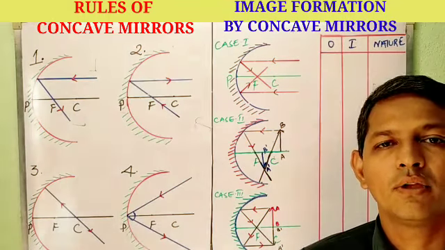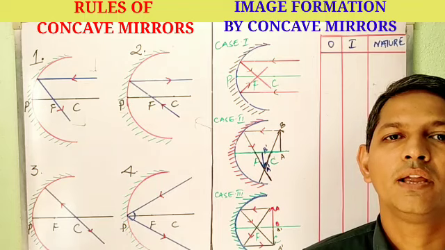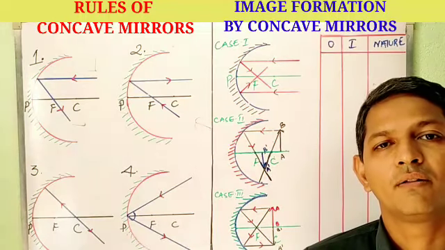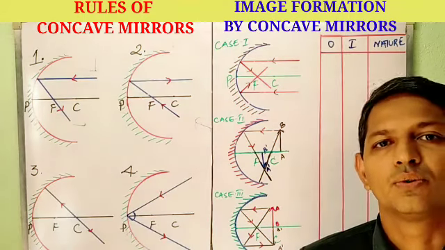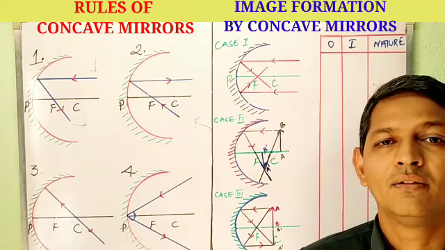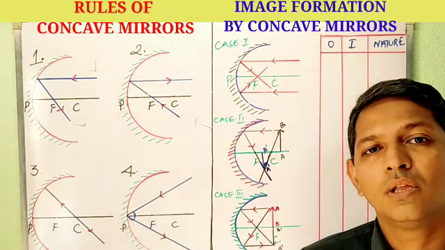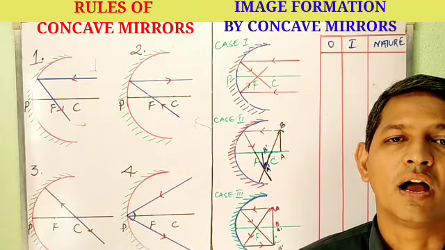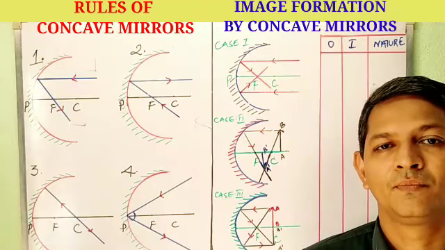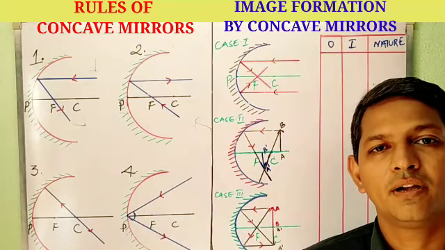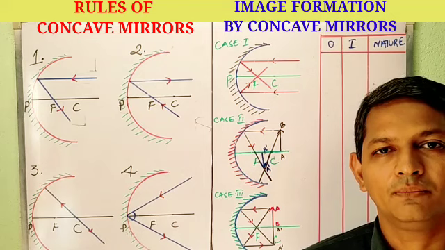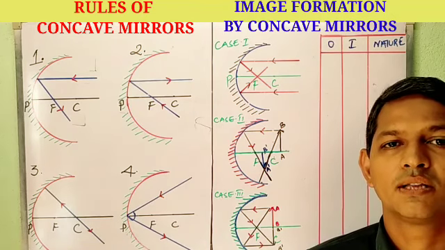So we consider that only two rays are coming from the point source, and we try to understand how the light rays behave after reflection. If we draw a diagram for it, that is called a ray diagram. So once again, what is a ray diagram?